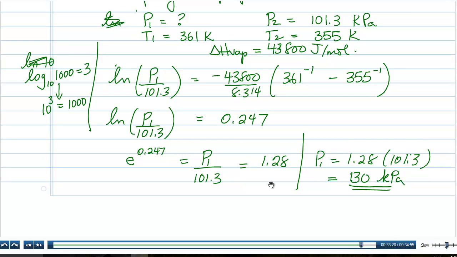This was an overview of the Clausius Clapeyron equation. Its original form, natural log of Pvap equals negative delta Hvap over R times 1 over T plus C. From that, we applied y equals mx plus b and saw how to make a linear graph.